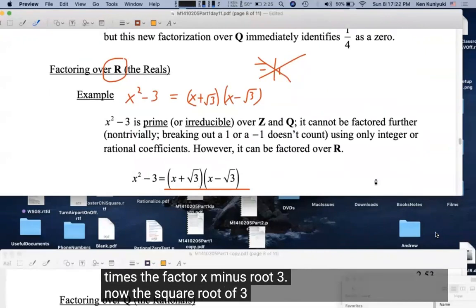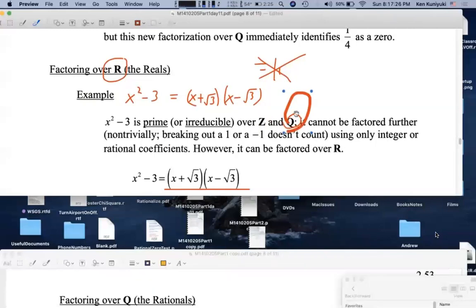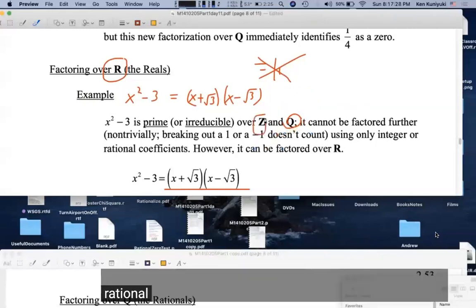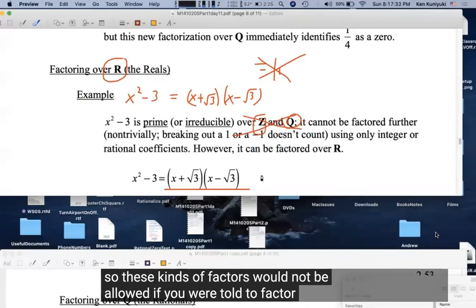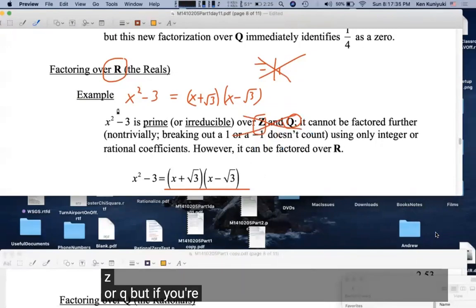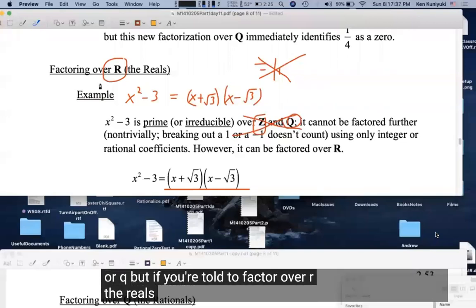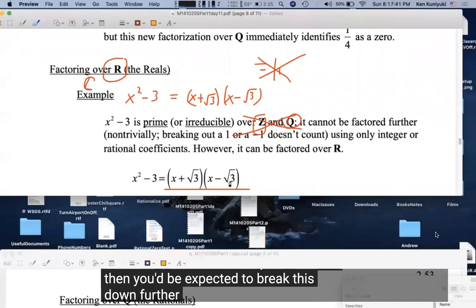Now, the square root of 3 is not an integer, and it's not rational. So these kinds of factors would not be allowed if you were told to factor over Z or Q, but if you were told to factor over R, the reals, or over C, the complex numbers, then you'd be expected to break this down further.